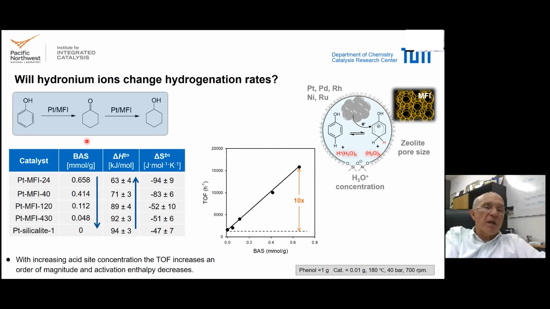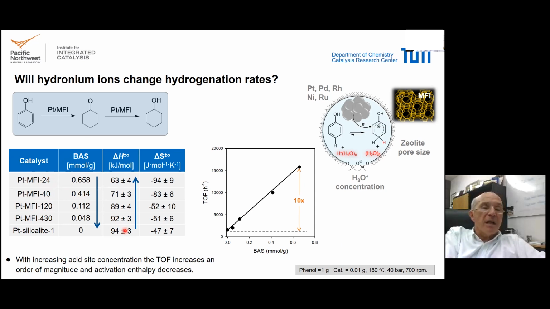We have done this and realized this by placing equal sized platinum particles, smaller than 1 nanometer, in a series of ZSM5 zeolites that have an increasing concentration of hydrated hydronium ions in water.